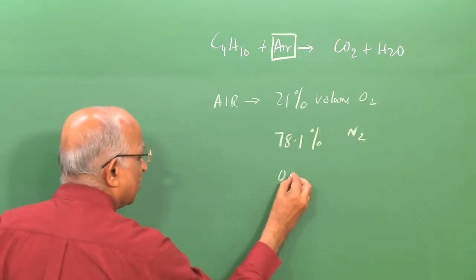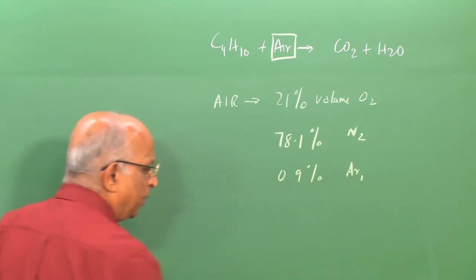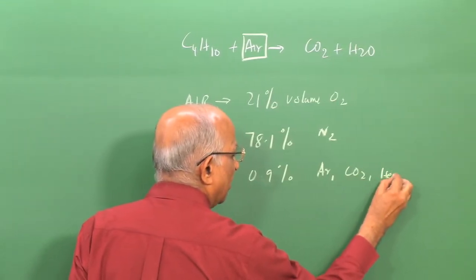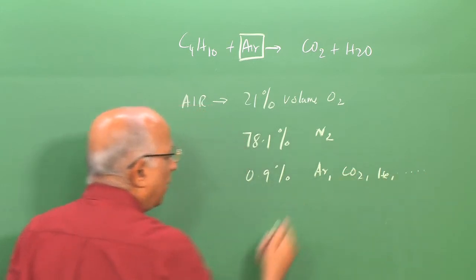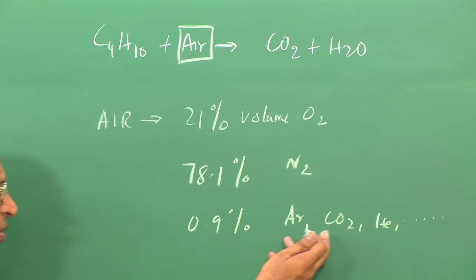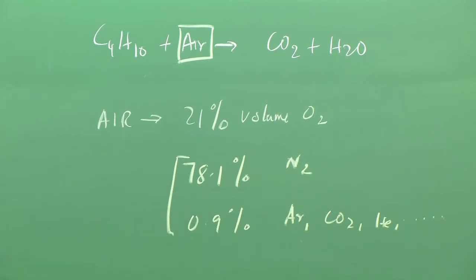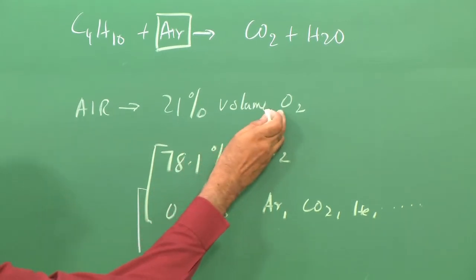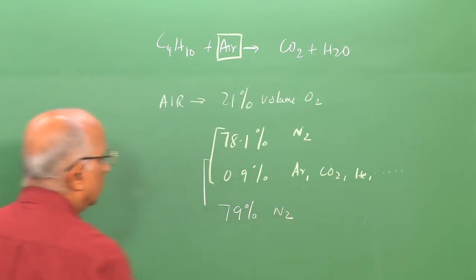It also contains something like 0.9% of other gases like argon, and depending on the environment it could contain some CO2, helium, xenon and so on. These are all inert gases, and therefore, I can combine the nitrogen with the inert gases and say air consists of 21% by volume of oxygen and 79% by volume of nitrogen.